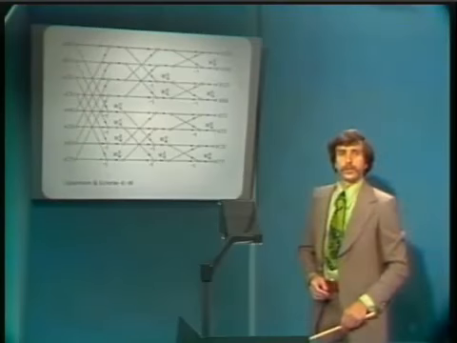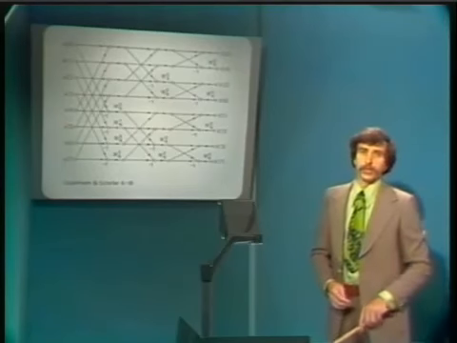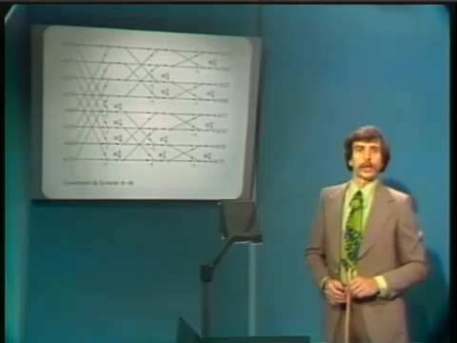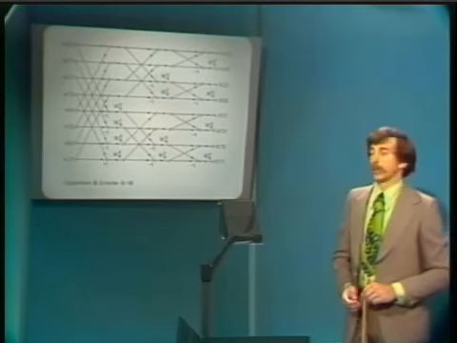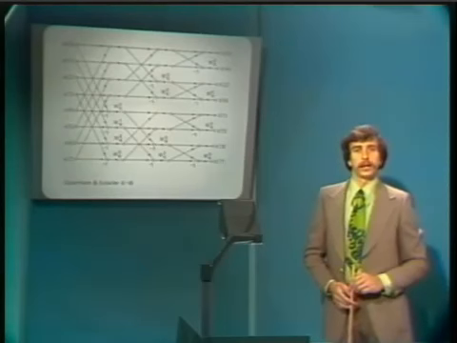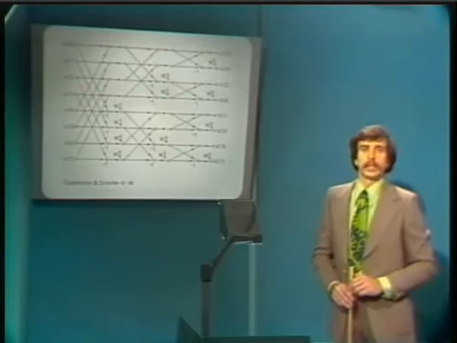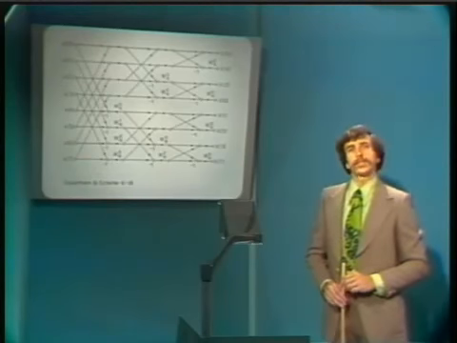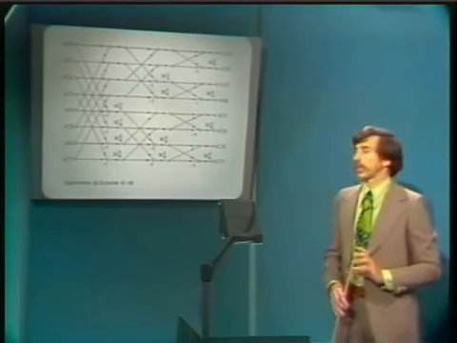Now, I remind you that in one of the early lectures, when we introduced the notation of flow graphs and some of their properties, one property that I mentioned, although we didn't derive it, was the fact that transposition of a flow graph doesn't change the input-output characteristics.